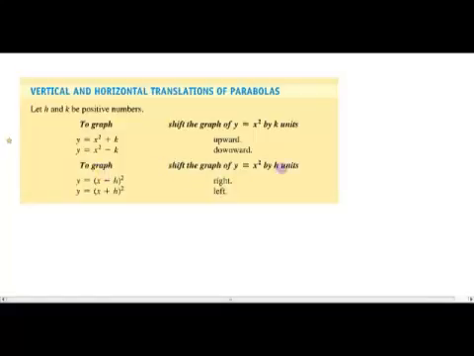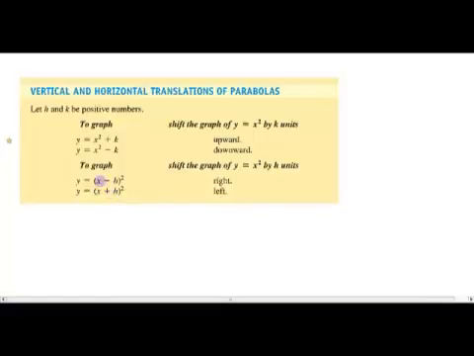If we wanted to shift our graph left or right, then we need to subtract from the x itself. Notice that that thing that's being added or subtracted is inside parentheses here.